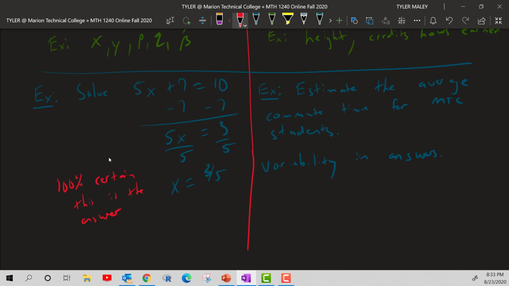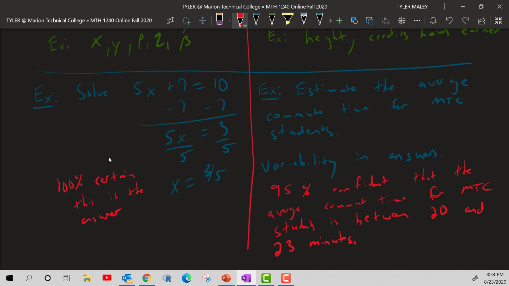But just to give you an example solution, we might say something like, we're 95% confident that the average commute time for MTC students is between 20 and 23 minutes.